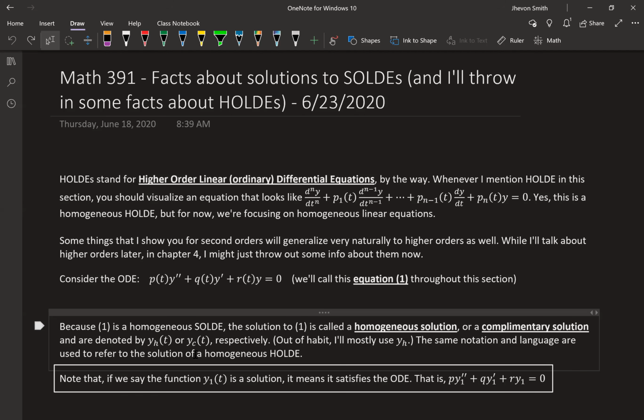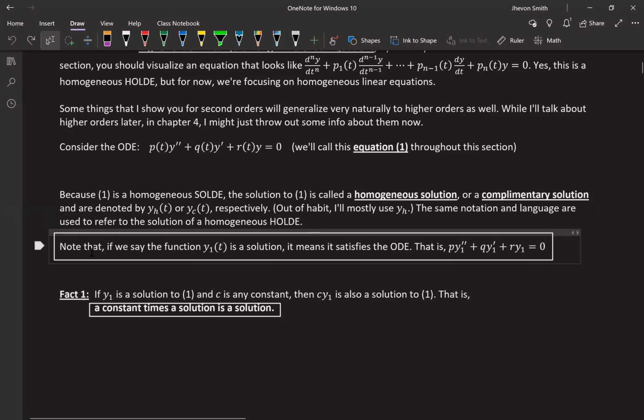Okay. Now, note that if I say, for example, y1 is a solution to this differential equation, what it actually means is if I take y1 and I find all its derivatives and I plug into this equation, it becomes true, which means p times y1 double prime plus q times y1 prime plus r times y1 will give us 0.